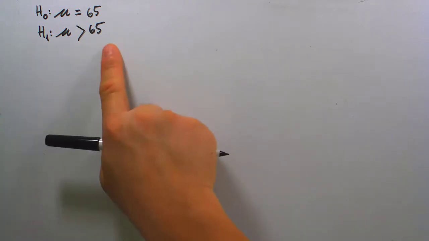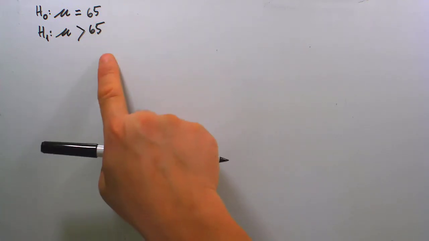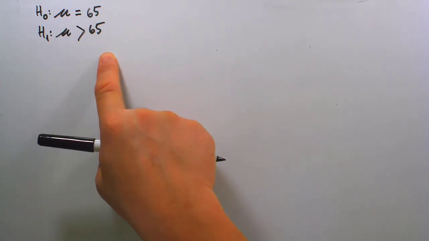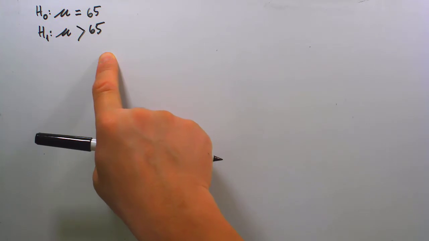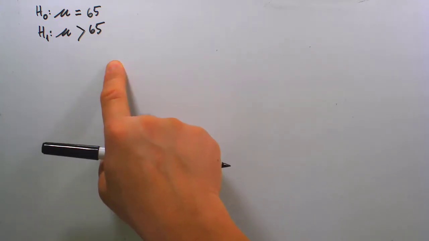And here I am not going to be too worried about whether this testing hypothesis problem is a left tail or a right tail or a two tail. We will get to all that explanation as we go along.